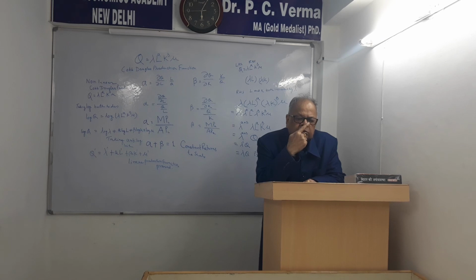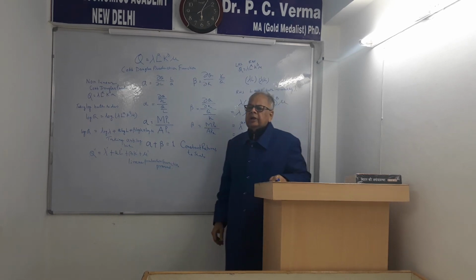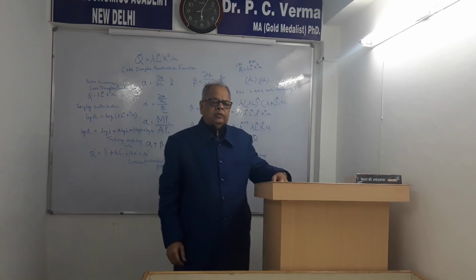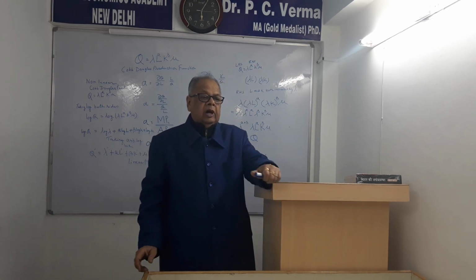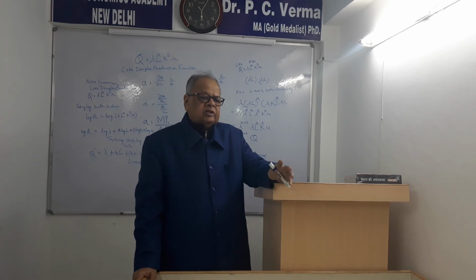L is more than zero, K is more than zero. This is the third property of Cobb-Douglas production function, that labor and capital are always greater than zero. L more than zero, K more than zero. Only then this production function will exist.